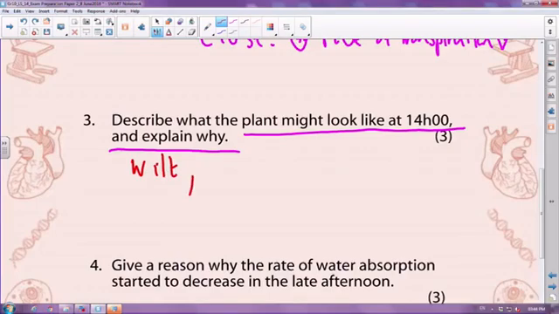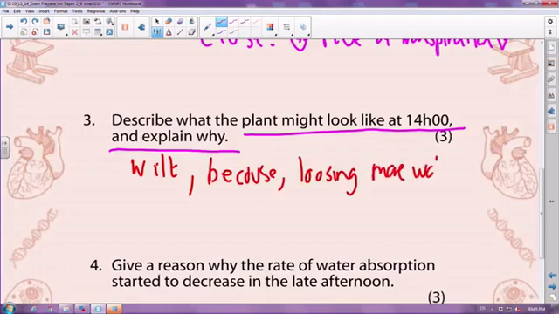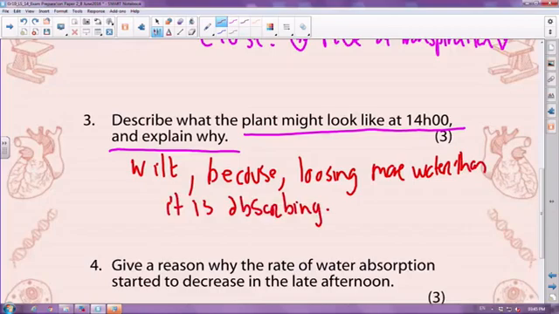It might start to wilt because it's losing more water than it is absorbing. Use your graph, write the details on your graph to be able to do that.